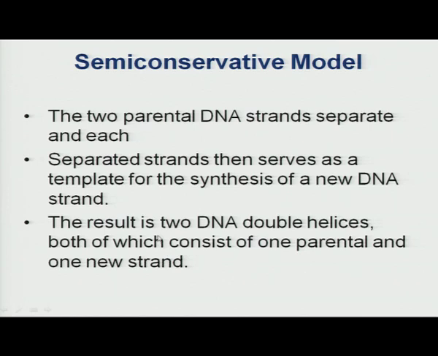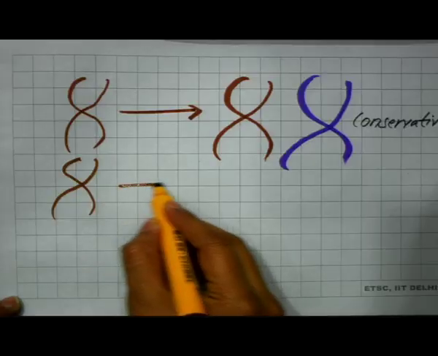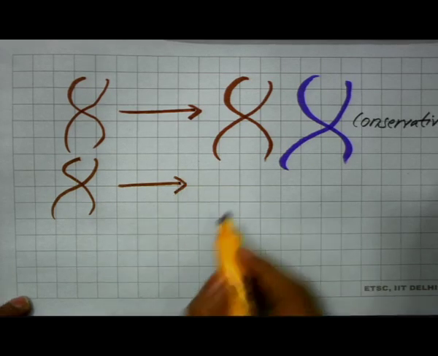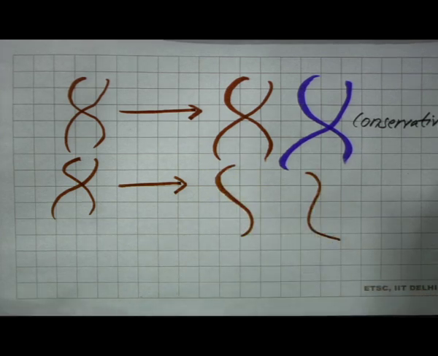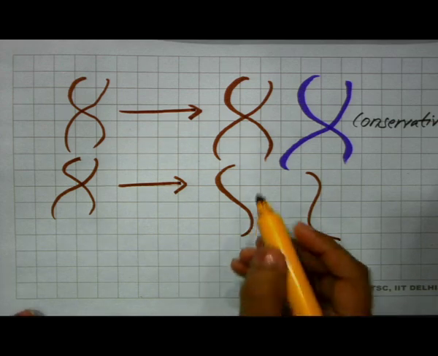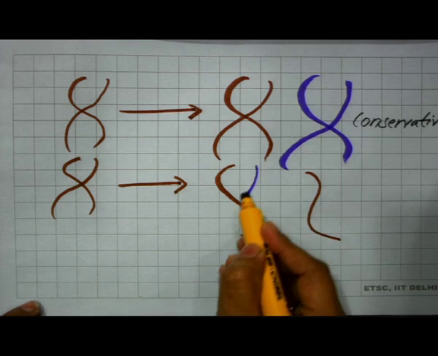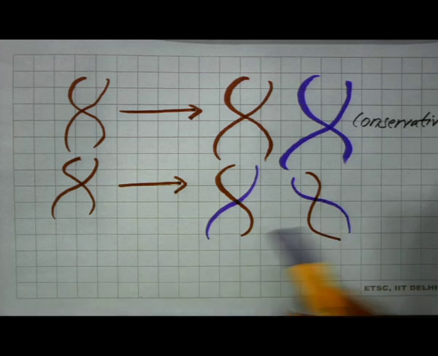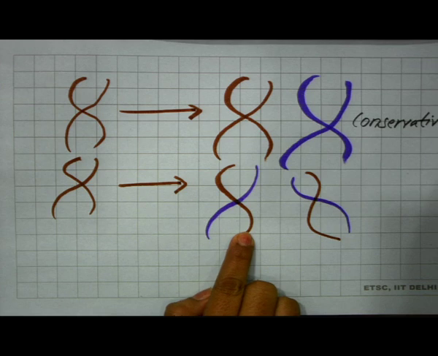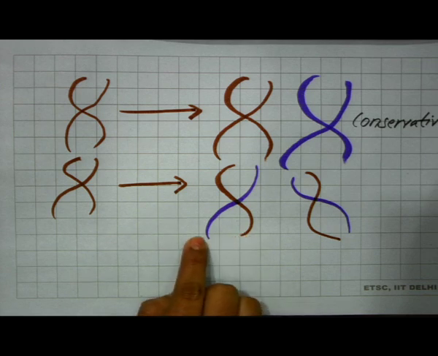In the semi-conservative model, both the strands of the parental DNA will get separated out and act as a template, and this template will be copied. So, each of these daughter DNA will have one old strand and one newly synthesized strand.